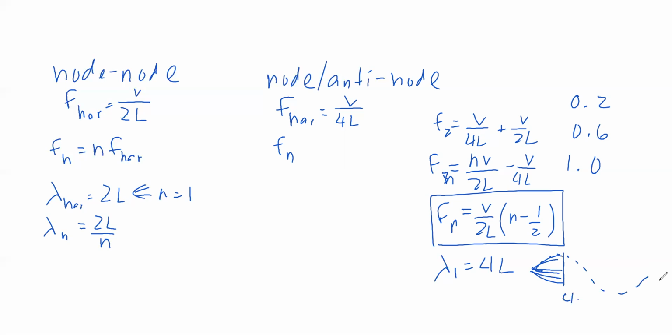So you have a wavelength of 4L, but you only see the first quarter of that wavelength. Sure enough, you can do some algebra to show that this equals V over the fundamental frequency, and so you can solve for V as well.